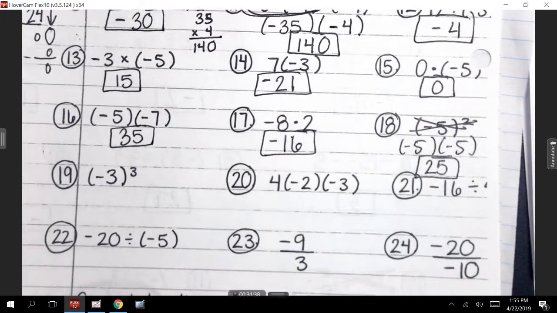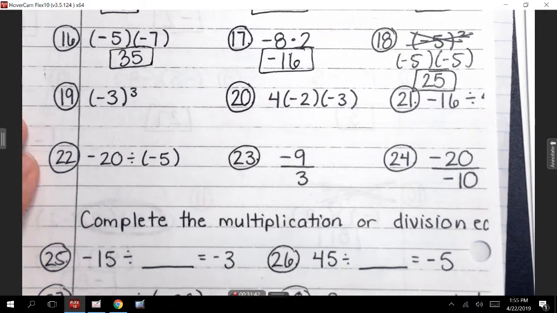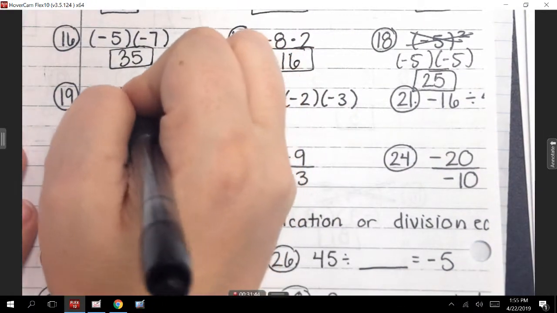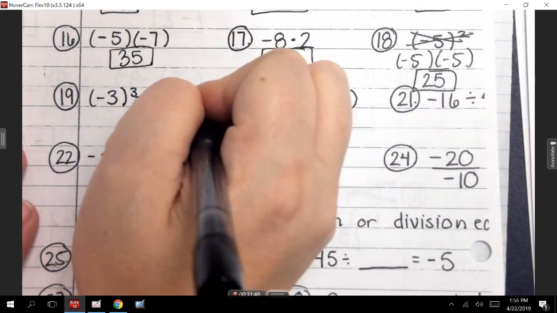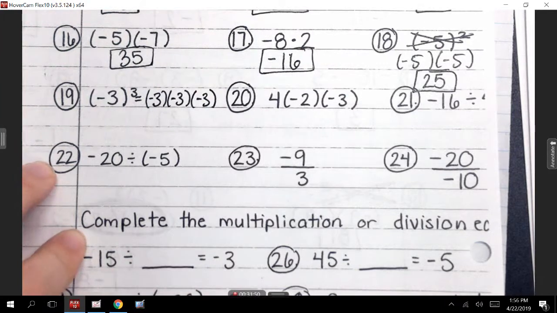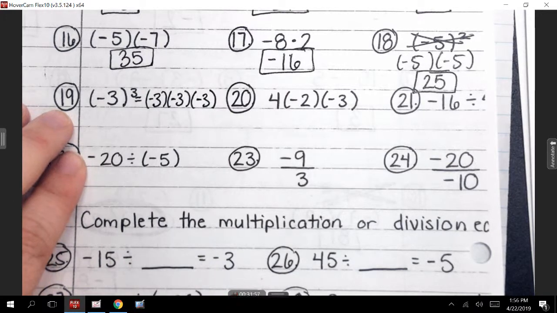All right. Diana, you get the challenge. How should I rewrite 19? Negative 3, 3 times, gentlemen. Okay. All right, and Diana, I did my negative 3 3 times. What am I going to do first now?